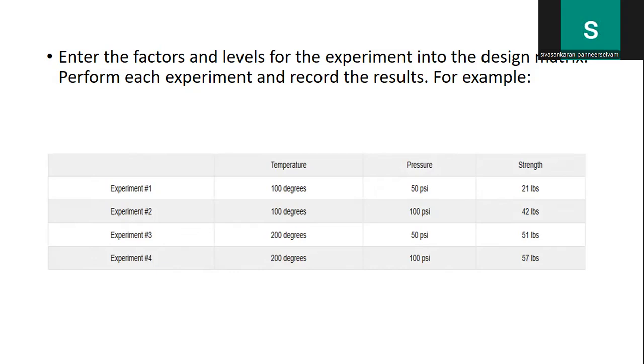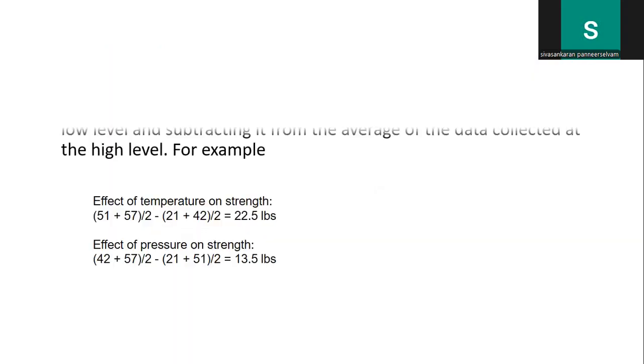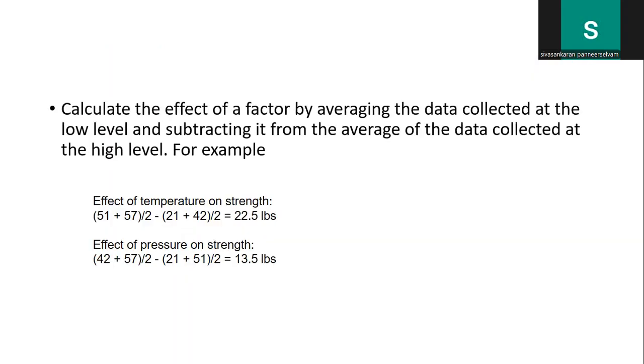So totally two factors are taken. One output response variable, that is strength. Pressure and temperature are the input variables. Now we have to find out the interaction between temperature and pressure by optimizing the strength of the final material. So how do you calculate conventionally, manually?